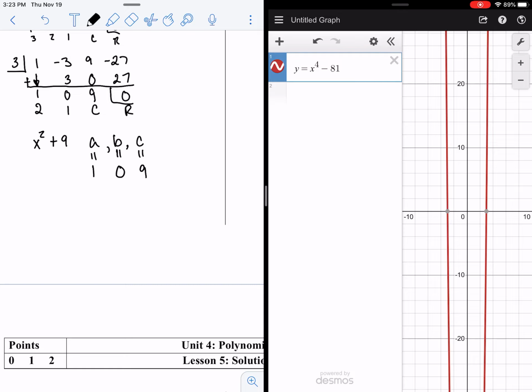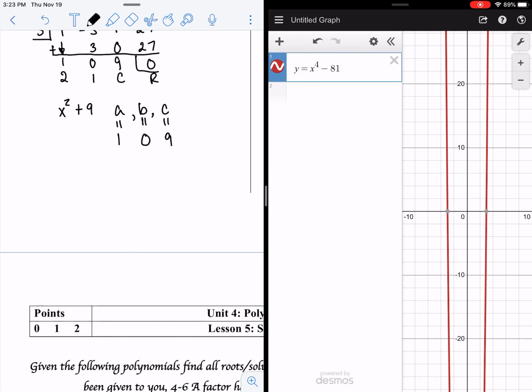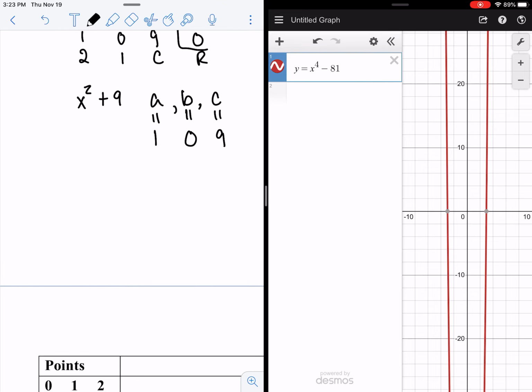From here, I use the quadratic formula. So negative b plus or minus square root b squared minus 4ac all over 2a. And from here, the math isn't hard. It's just a lot of steps, which is what makes it hard.